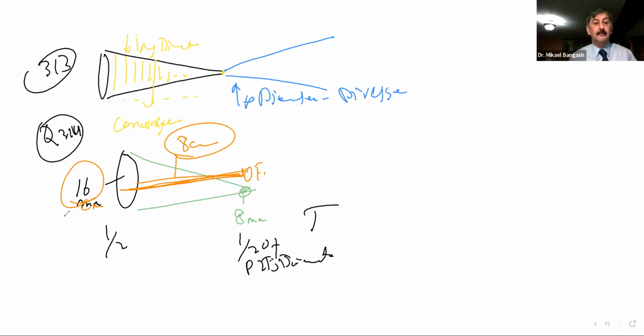Not necessarily. Look here, dear. If the narrowest diameter of a beam is at a depth of 8 centimeters.